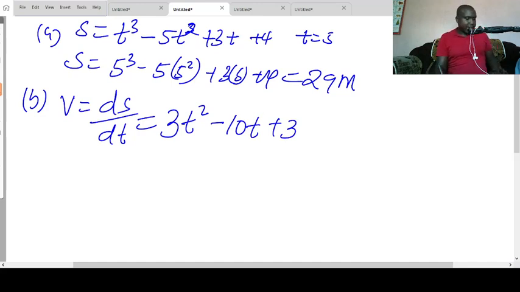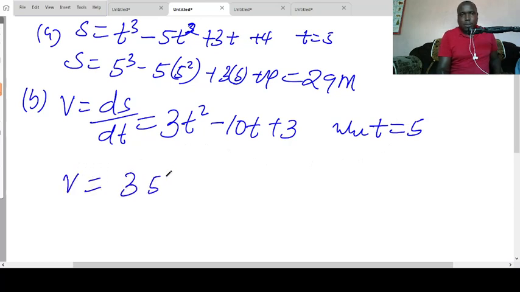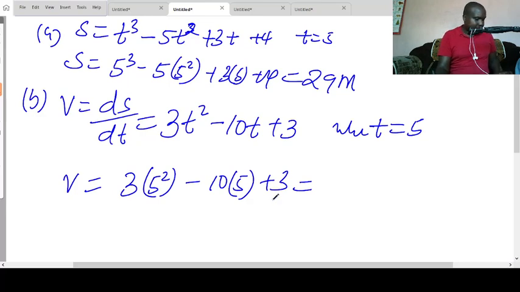That is our velocity. But when we are going to find the velocity when t is equal to 5, you just substitute here and get the velocity. So velocity is equal to 3 times 5 square minus 10 times 5 plus 3, and that will give us 28 meters per second.